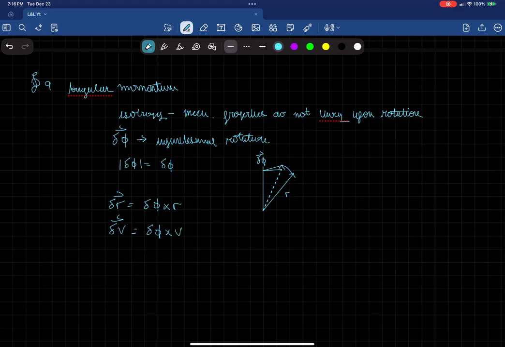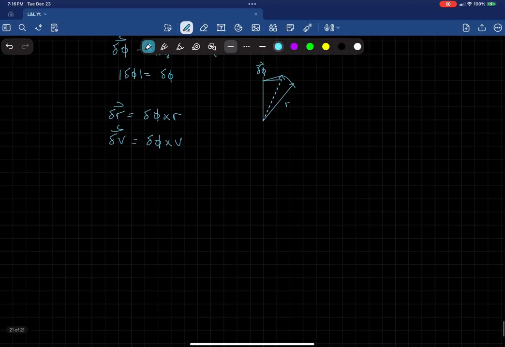So if we plug this in to the formula which is needed to state that the Lagrangian remains unchanged, we would get this formula: del L del r plus del L del v must still be equal to 0.